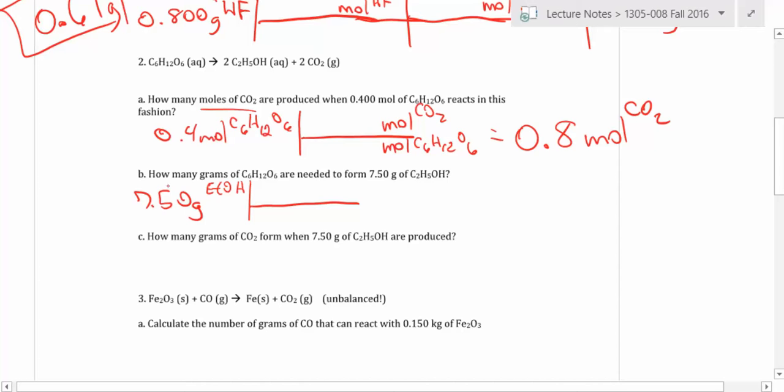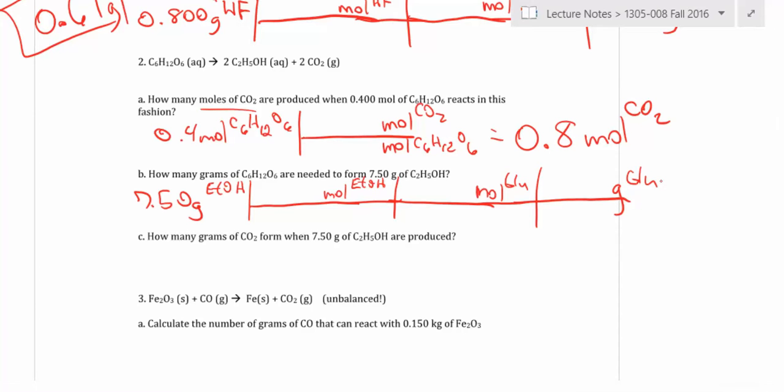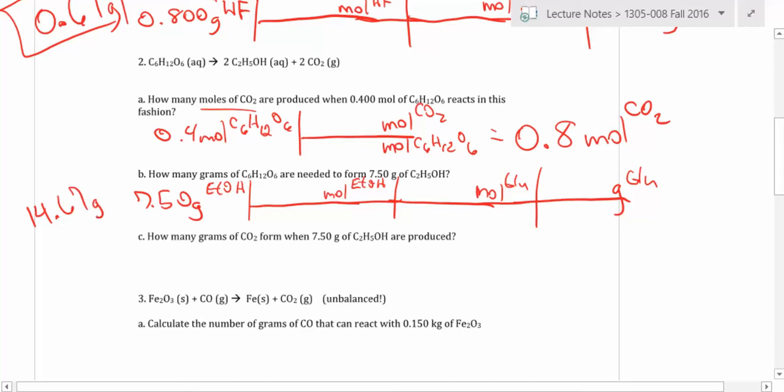And I'm going to convert it from the grams of ethanol to the moles of ethanol, then to the moles of glucose, and then to the grams of glucose. Okay? So that's the process. What did you guys find it to be? 14.67 grams of glucose. Okay?